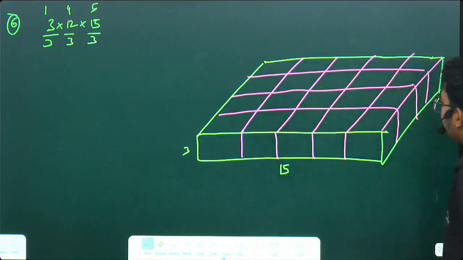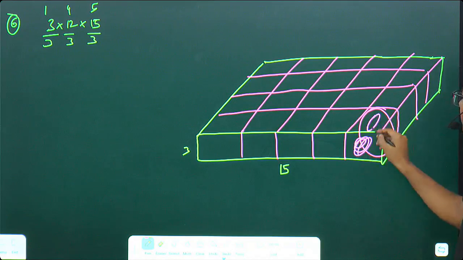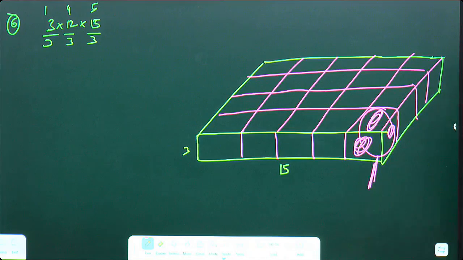Now tell me, if I take this cube outside, how many surfaces are painted? 4. So 4 surfaces painted.